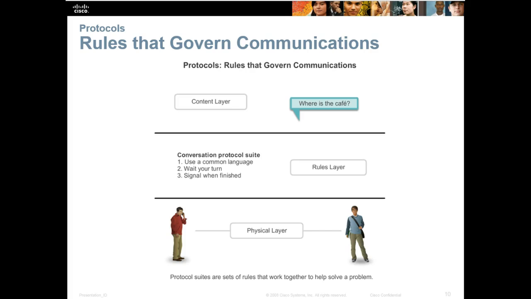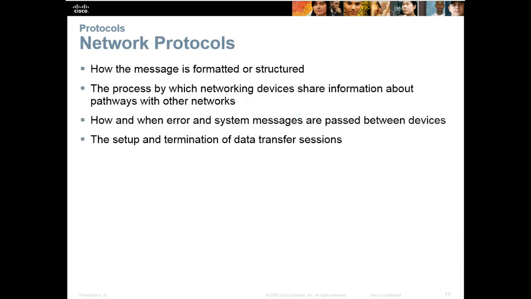In our pattern of polite conversation and civil discourse, we use a common language. We wait our turn to speak. We don't interrupt or step over people. And then we tell people when we're finished and let that conversation go on nicely without upsetting anybody, so that everything is understood. So computers do the same thing.